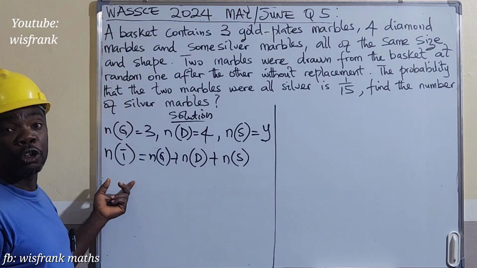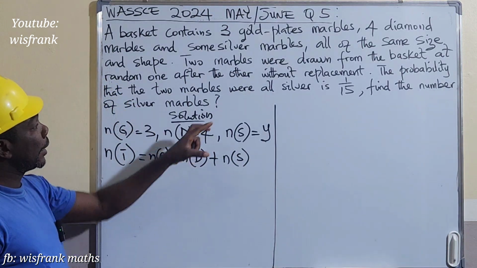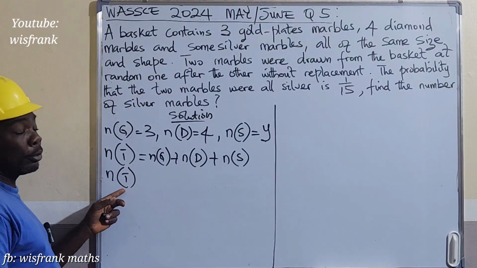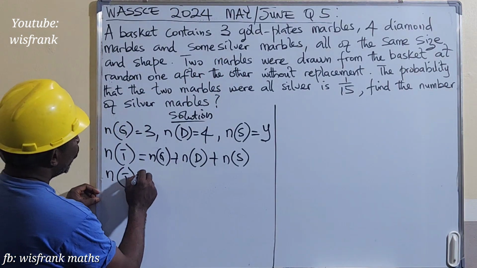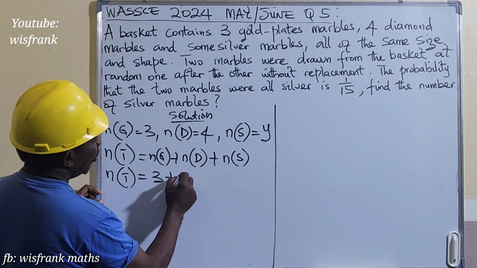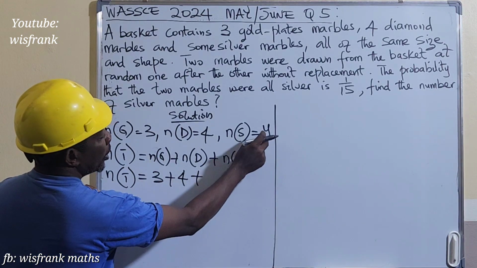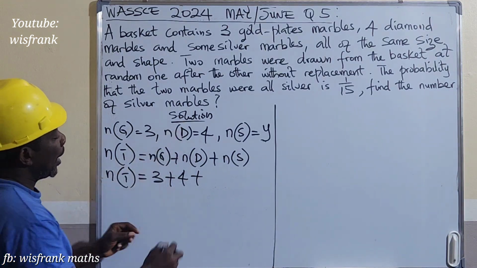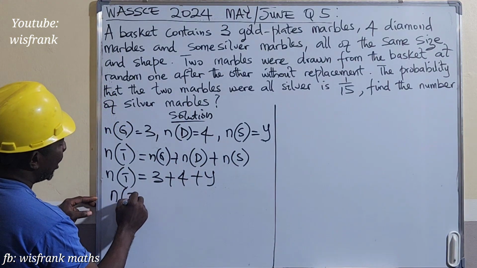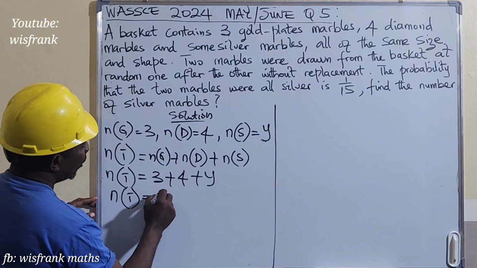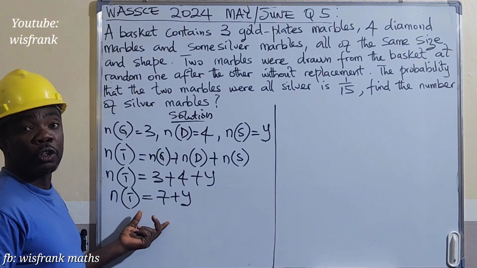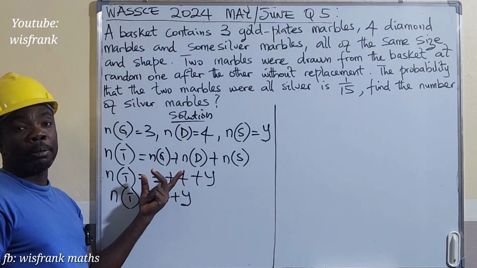So the total number of marbles inside the basket is G, which is 3, plus diamond, which is 4, plus the silver, Y. So the total number of marbles inside the basket will become 7 plus Y. This is the total outcome for this probability.